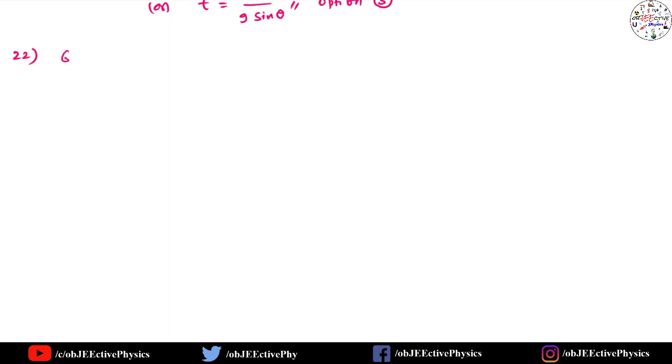So, vertical height h is equal to u square by 2g, that is given 40 meters, or u square by g is equal to 2 into 40, that is equal to 80 meters.